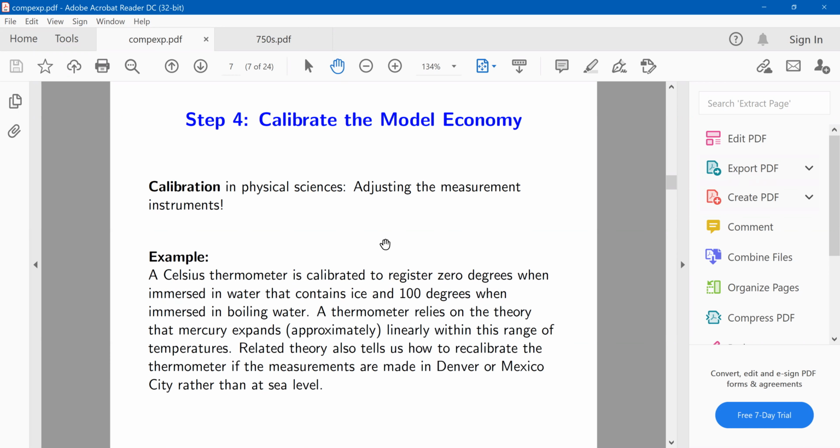Okay, so the same is true here. For instance, in Denver or Mexico, measurements may differ depending on the height and the air pressure. So in physics, we have such things. There could be many other examples, right?